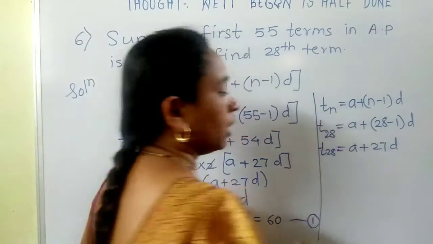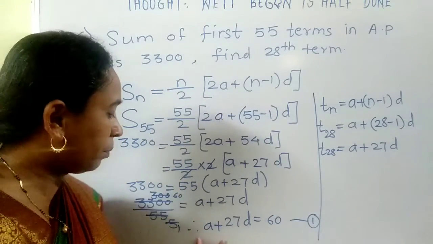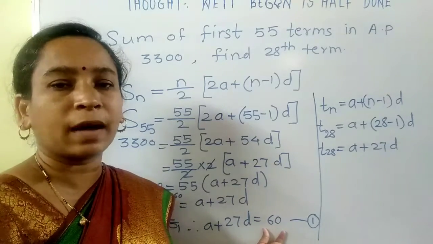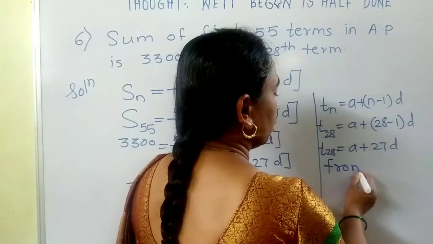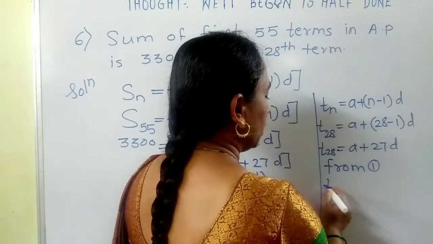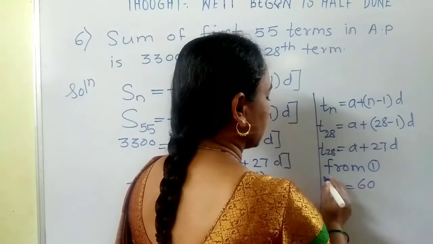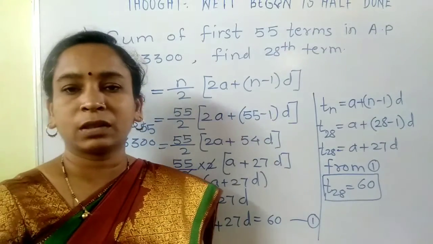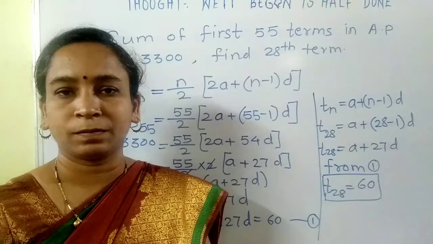T28 is nothing but a plus 27d. But in equation 1, we have found that a plus 27d's value is 60. So we'll put that value in this. From 1, a plus 27d is nothing but 60. So what is the 28th term of this sequence? The 28th term of this sequence is 60.